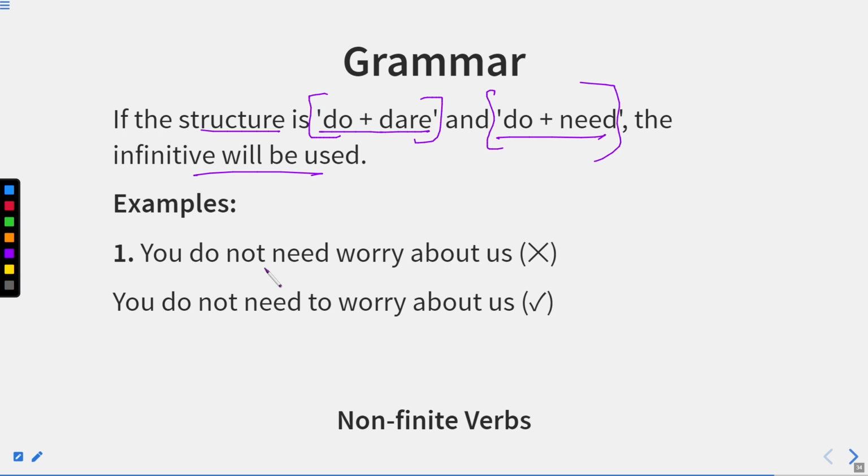Now there is another structure for dare and need, where bare infinitives can be used and where they cannot be used. That we will discuss in detail later on. You do not need worry about us. This is incorrect. In fact, it should be replaced with do not need to worry about us.